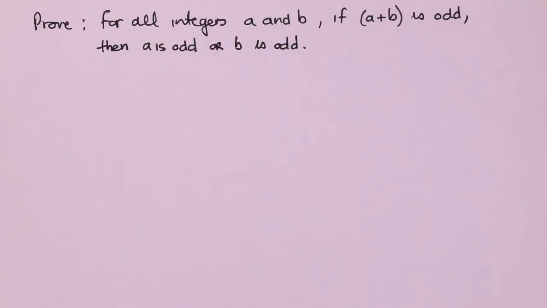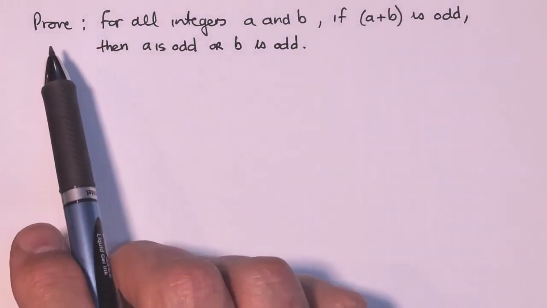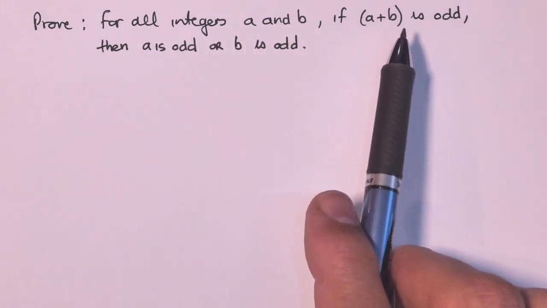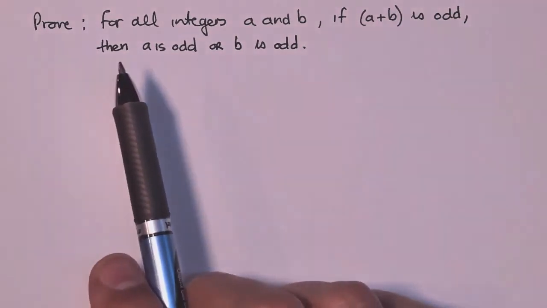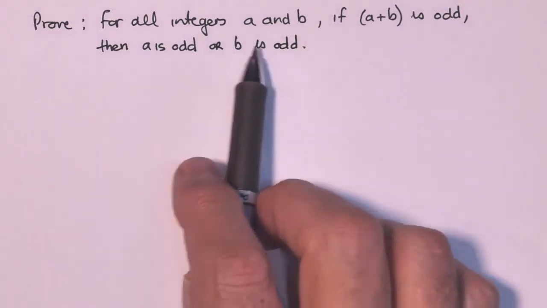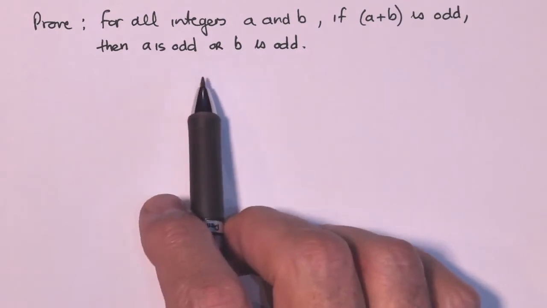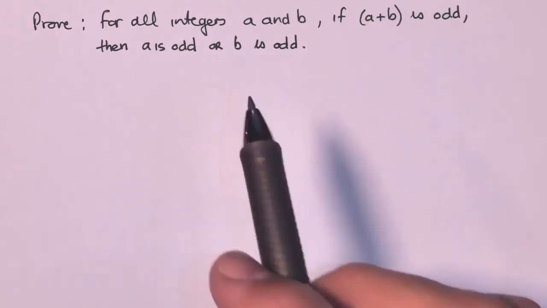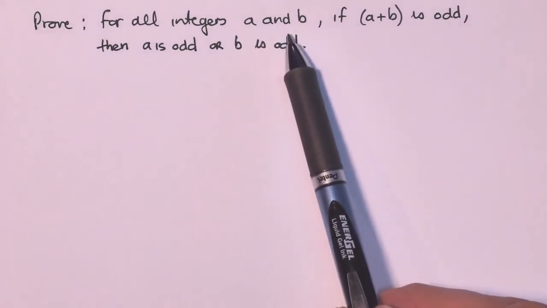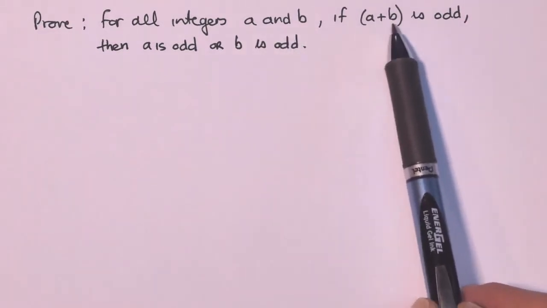Okay, here's our next example. It asks us to prove that for all integers a and b, if a plus b is an odd number, then a is odd or b is odd. Notice the or, not the and. Now the problem with trying to do this as a direct proof is that it will be hard for us to separate a and b from knowing something about a plus b.